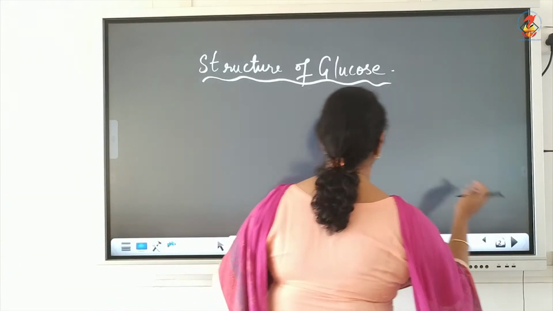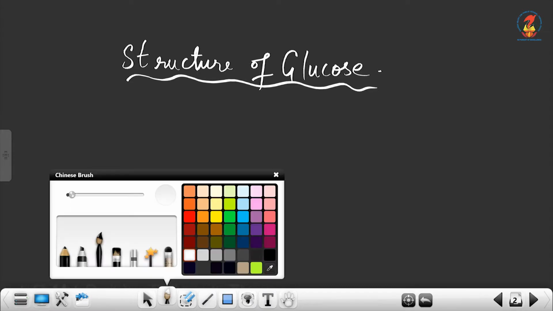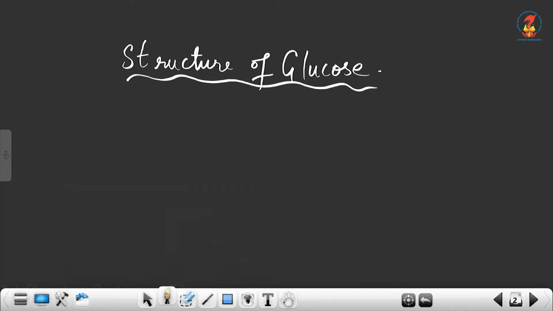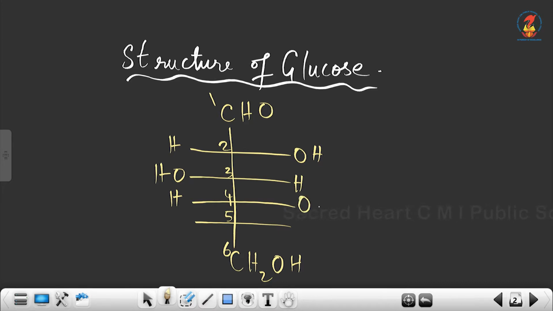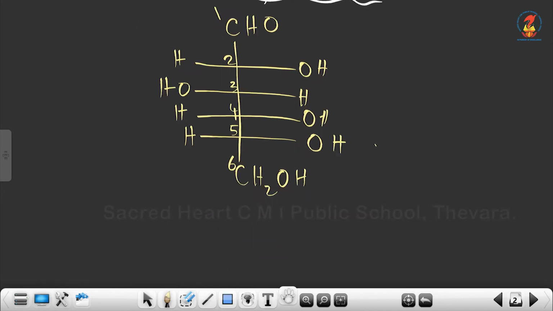The Fischer structure of glucose is drawn like this: CHO, CH2OH, carbons 1, 2, 3, 4, 5, 6. At the third carbon, we have OH on the left side, H on the right side. So this is the Fischer structure of glucose.